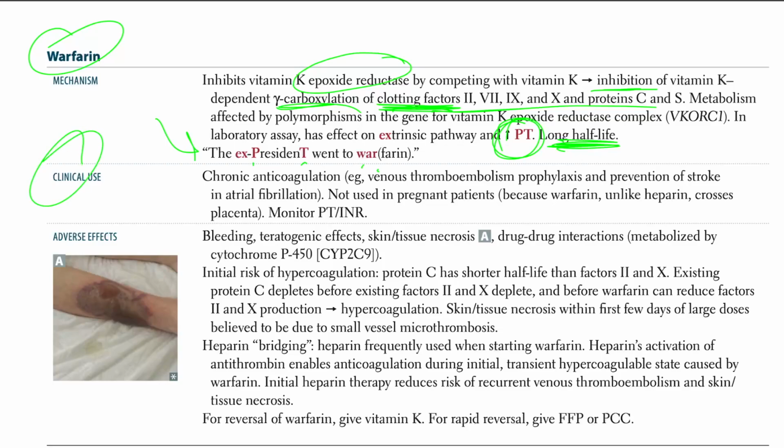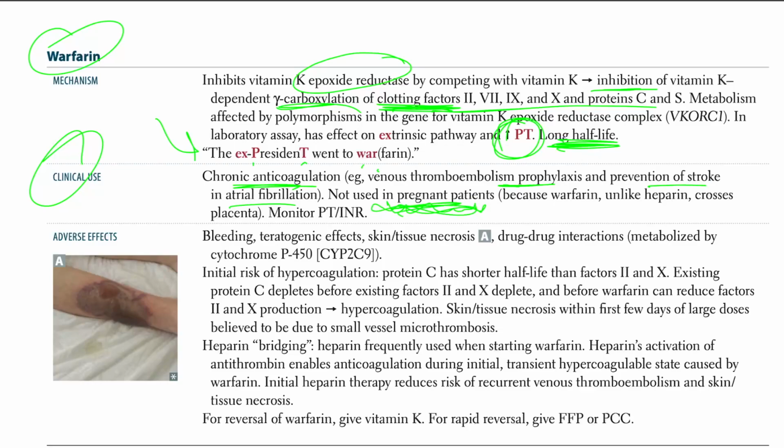Let's look at clinical use. In clinical practice, you can use this for chronic anticoagulation, for example venous thromboembolism prophylaxis and prevention of stroke in AFib. Not used in pregnancy. Very important.